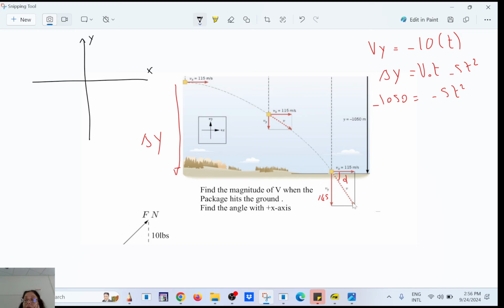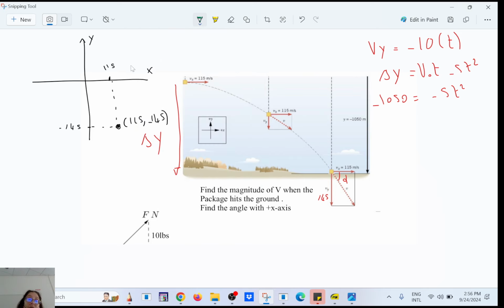See, I'm going to plot the head. So 115, and here it's 145. So that's the head.